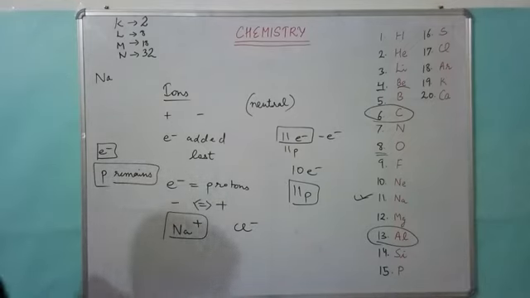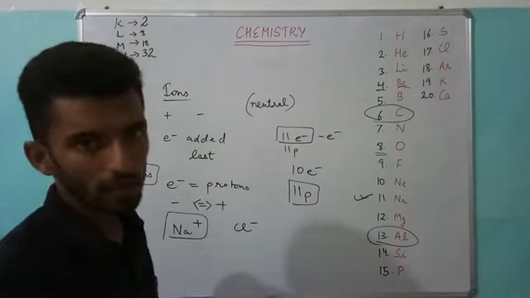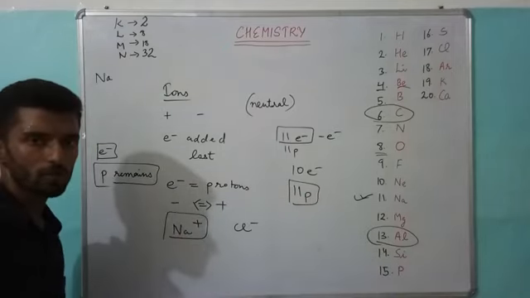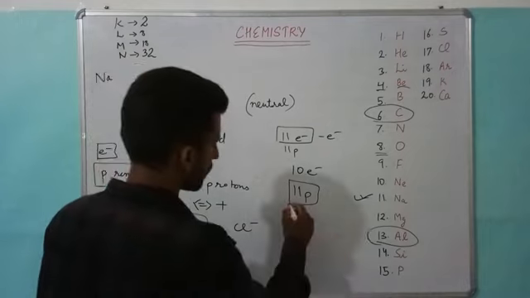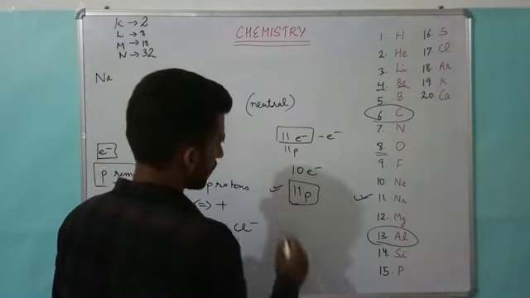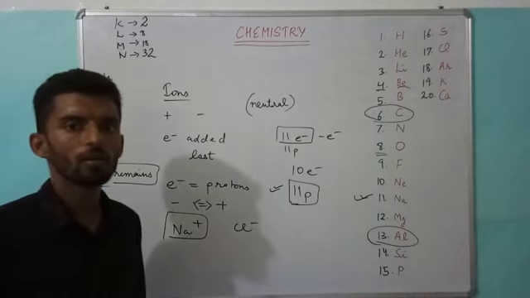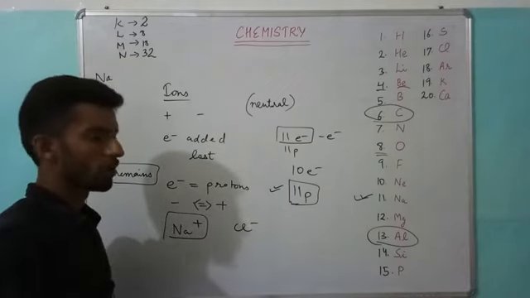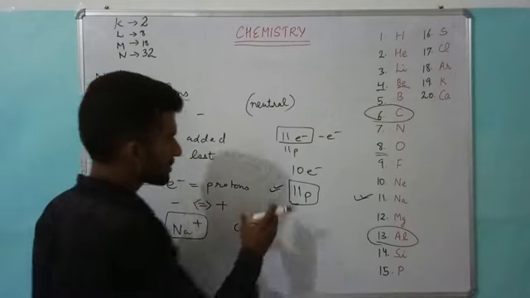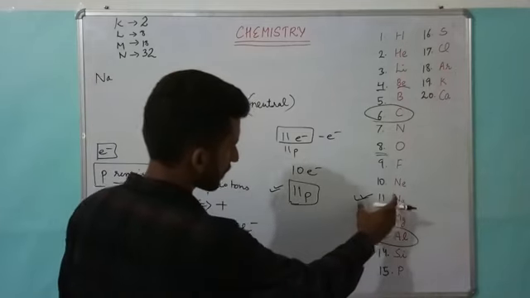Clear? Why does an atom gain positive charge on losing an electron? Because the protons are not removed when an electron is removed; they remain the same as they were in the earlier state.